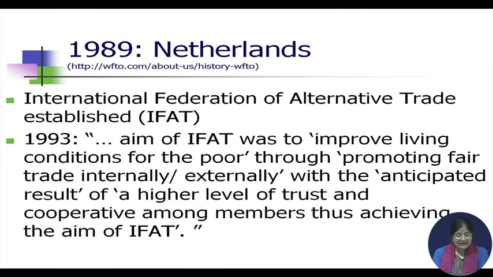In 1989, the International Federation of Alternative Trade, IFAT, was established in the Netherlands, and in 1993 it was proposed that the aim of IFAT should be to improve living conditions for the poor through promoting fair trade internally and externally, with the anticipated result of a higher level of trust and cooperation among members, thus achieving the aim of IFAT.